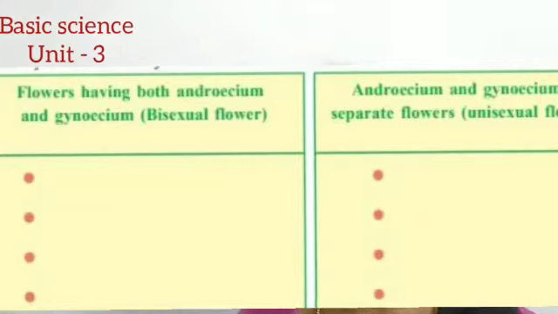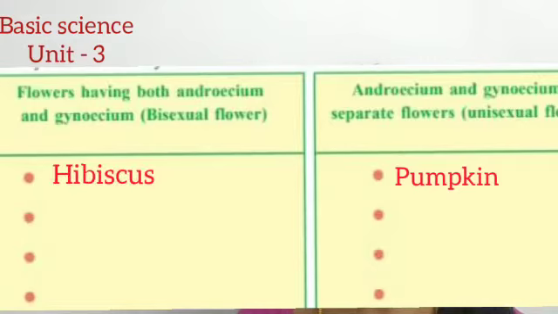Example you can give as, yes, pumpkin. Sorry, pumpkin is a unisexual flower. Okay, it's not bisexual, it is a unisexual flower. Okay, hibiscus is a bisexual flower, which I had showed you. Clear? Yes.